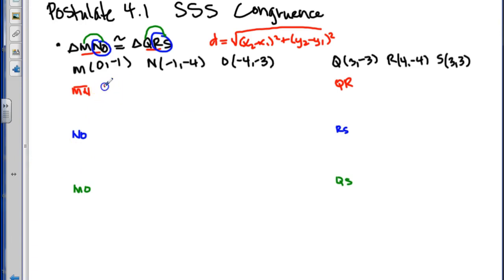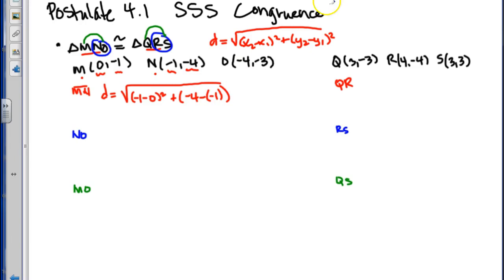We're excited about that, I know. All right, so here, distance. We're looking at M and N. So x2, -1 minus 0, squared, plus y2 minus y1 squared. I have a -1, so it doesn't matter if this is positive or negative; we're plugging it in.